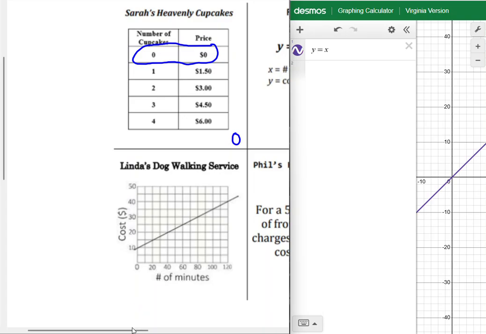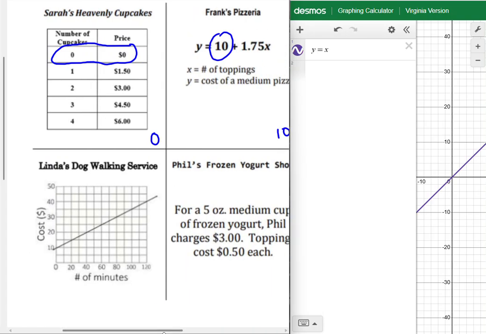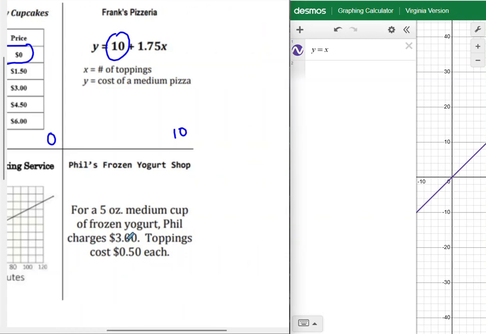It's a little less, about 9.9 or something like that. And here I have two numbers for a 5-ounce medium cup, which doesn't really represent it, it's between these two. Phil charges $3 plus 50 cents for each topping. So this is the slope, and this right here is the y-intercept of 3.